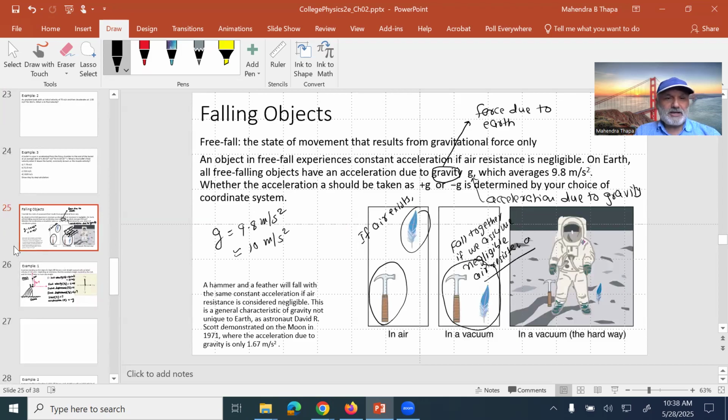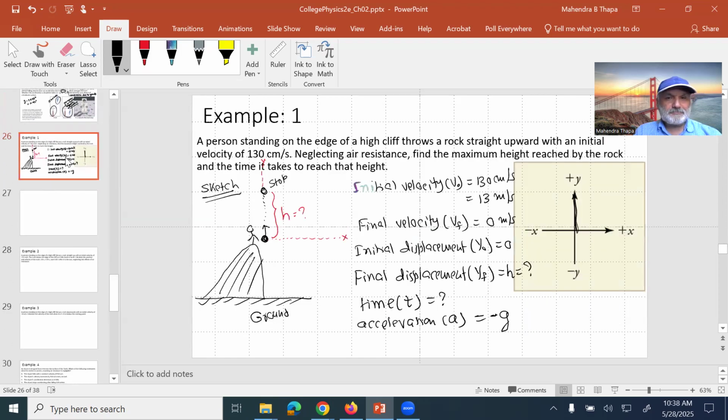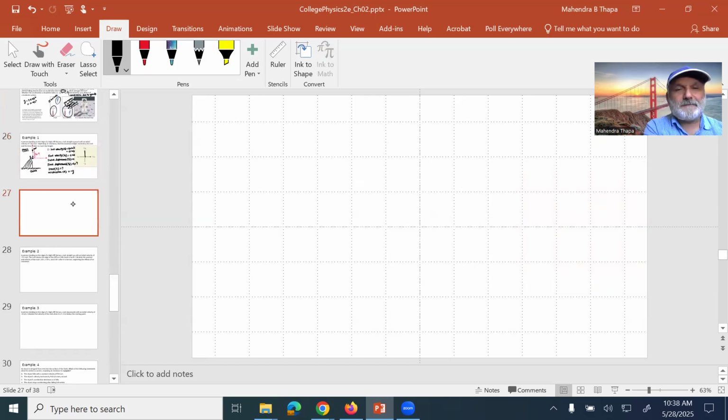So let's find the time. Okay, so v equals v naught plus a times t. So this is basically v final equals v initial, and in this case acceleration is minus g, times t. I can plug in the values. At the highest point, it will stop, so it will be 0. v initial is 1.3. I just write the number plus the value of g, I write minus 9.8 times t.